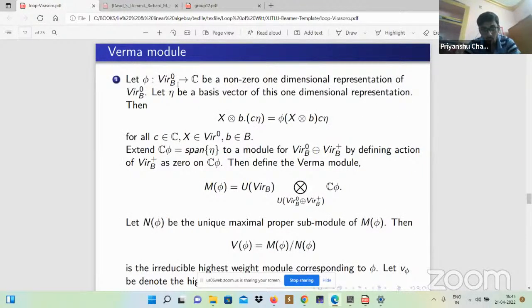Let φ from V_0 to C be a non-zero one-dimensional representation of V_0, and let η be a basis vector of this one-dimensional representation.